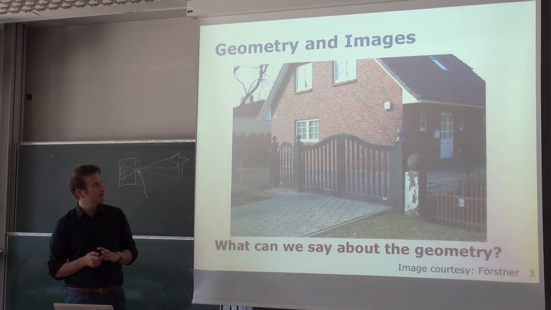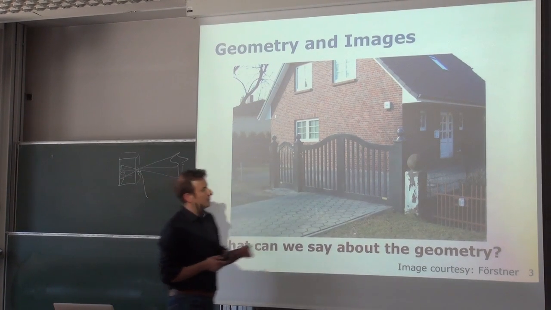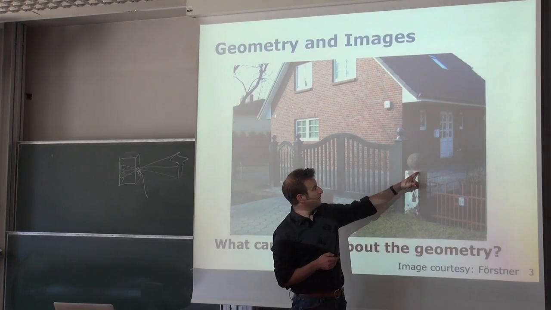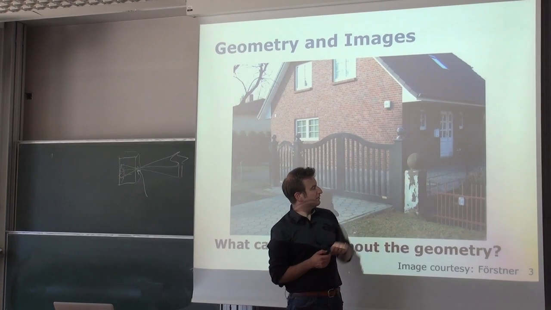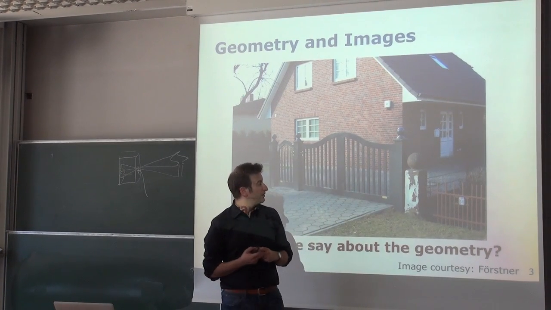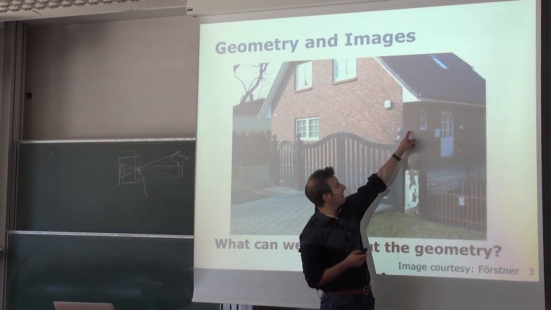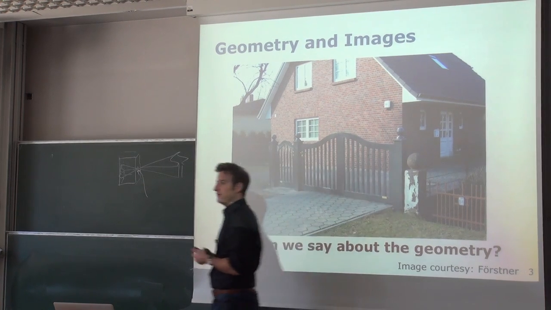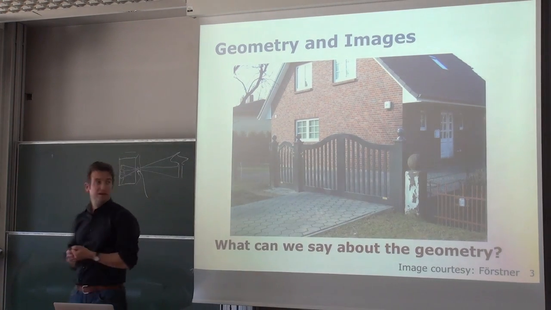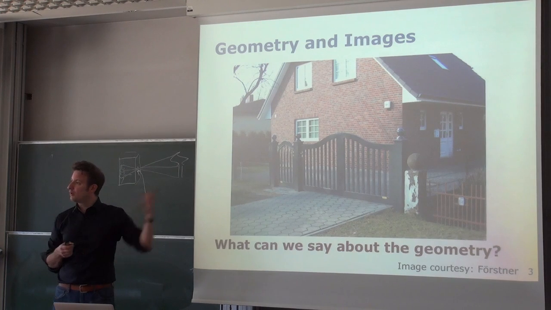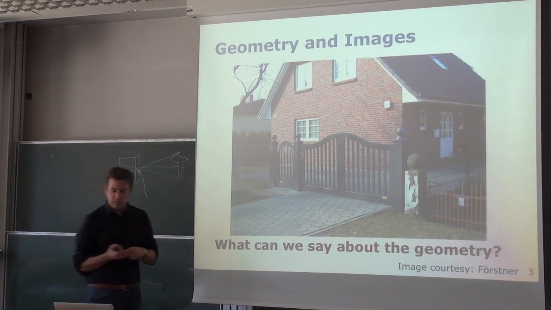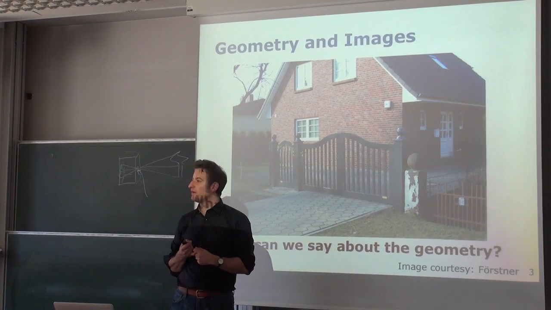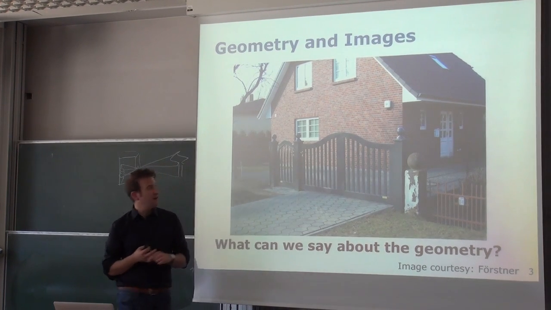For example, when you look at the pillar right of the gate, I think that those are all rectangular angles, but they are not on the picture. That is true. You can see that there are piles over here. These are all 90-degree angles, and they are not mapped to 90-degree angles in this image. So we are not preserving the angles that we have in the real world. What about the size of objects?